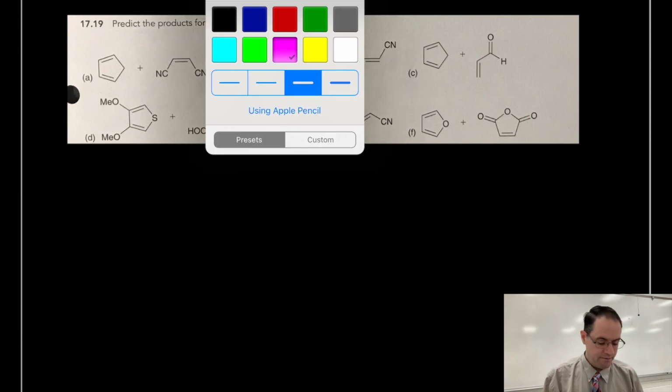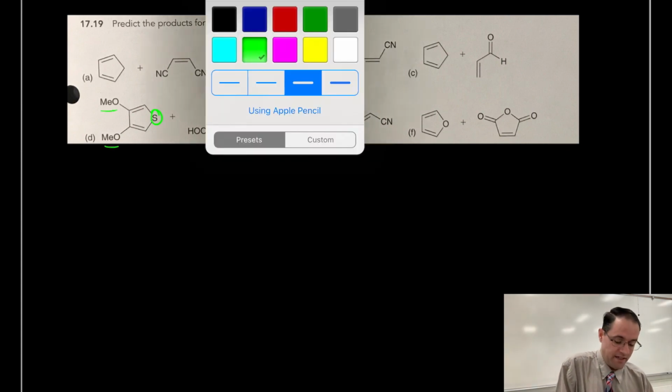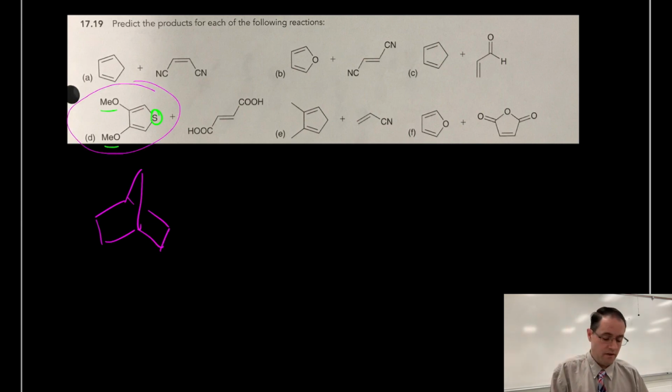Okay, so D, E, and F we want to work on. So here again, we have diene, and we have some weird stuff attached to it, but that's fine. Let's go ahead and draw in our template. Now, this guy here with the sulfur, we need to add some things, okay? So instead of a carbon, we have a sulfur on top, okay?